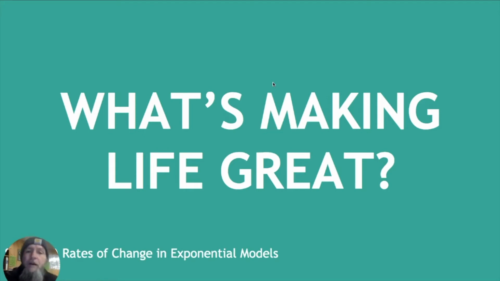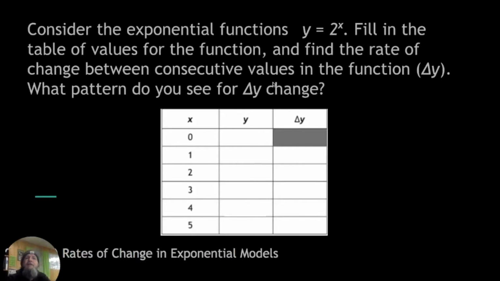So let's move on. Consider the exponential function we discussed in the bell ringer, y equals 2 to the x power. Let's fill in the table of values for the function. We'll find the rate of change between consecutive values in the function. That's delta y. Delta y stands for the change in y. And what pattern do you see for these delta y changes? So let's start. When x is 0, 2 to the x is 1. When x is 1, 2 to the x is 2.